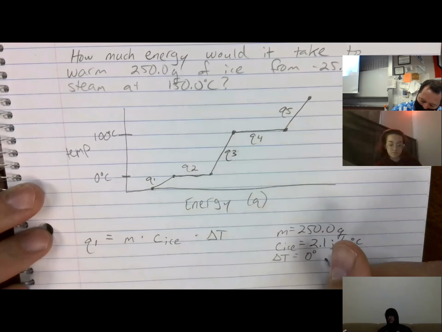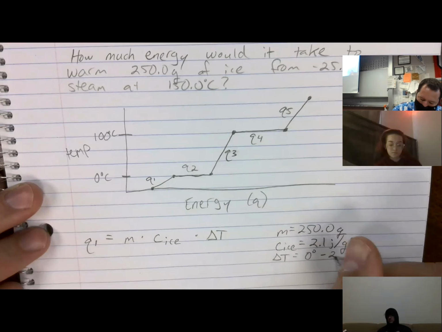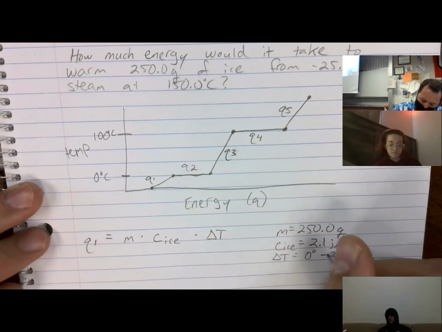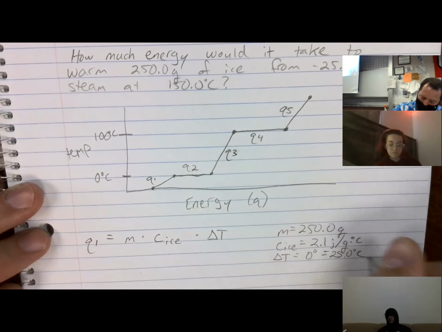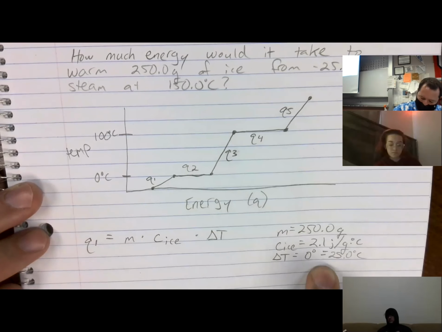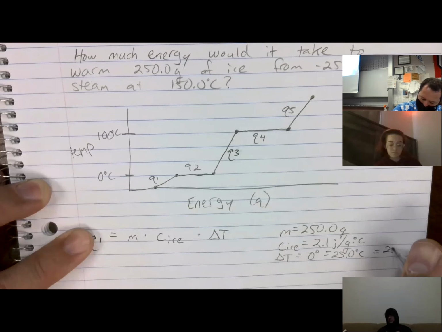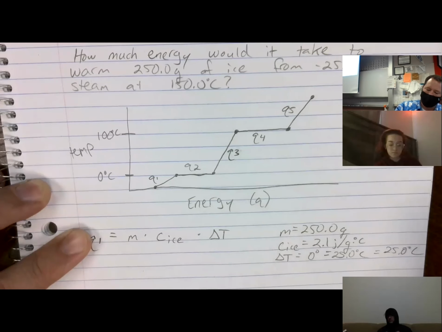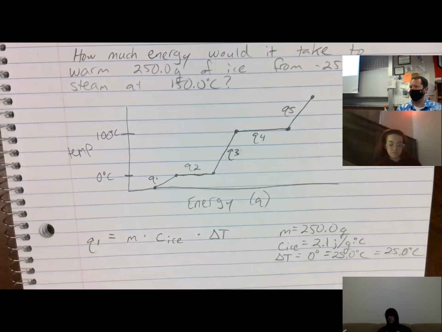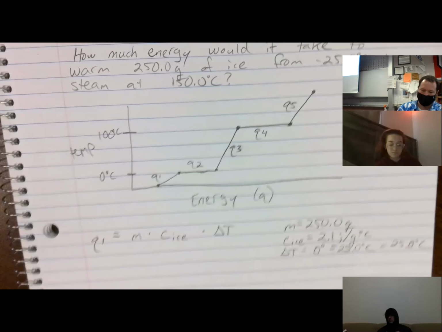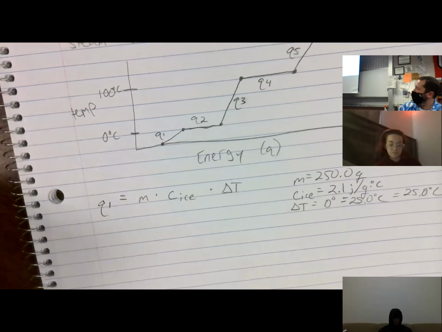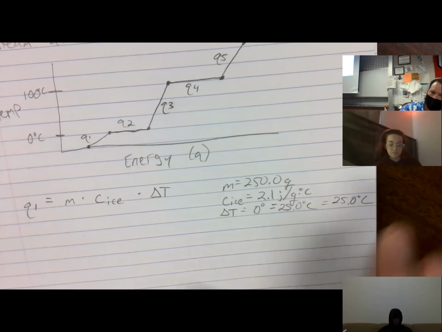Then we won't have ice anymore. So 0 degrees minus negative 25 degrees. And when you subtract the negative, it's kind of like adding. Our temperature change is 25 degrees Celsius. Cool, so we got all the variables. We're ready to plug these in and calculate.